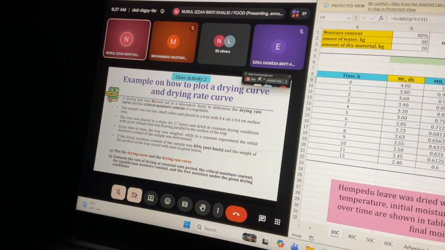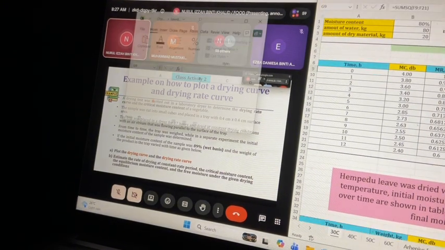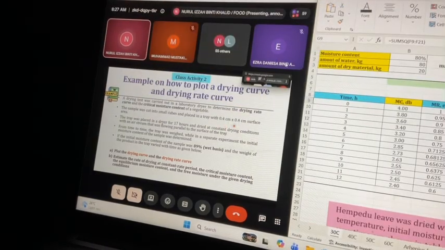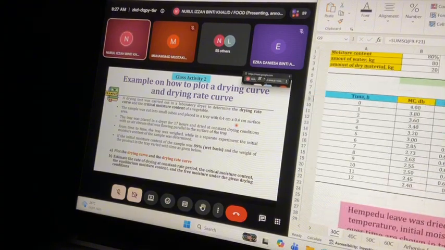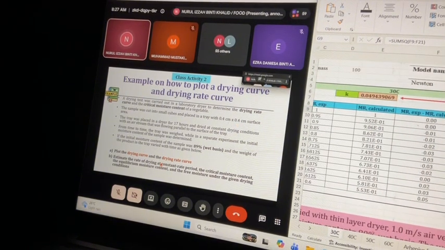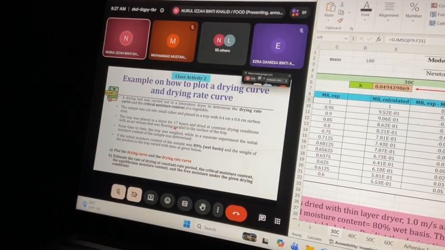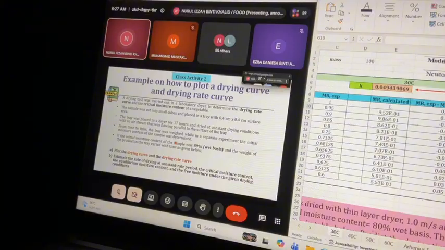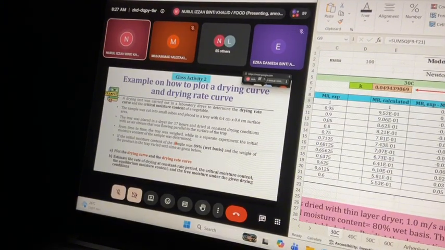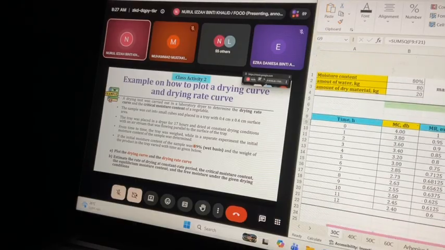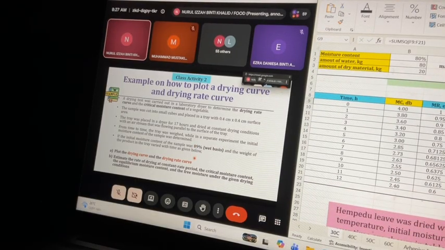For example, in your case, you are using carrot, with a 0.4 by 0.4 cm surface area, placed in the dryer for 70 hours at the same constant temperature. From time to time, you will weigh the sample on the tray. It is also mentioned that the initial moisture content of the sample is 89%.